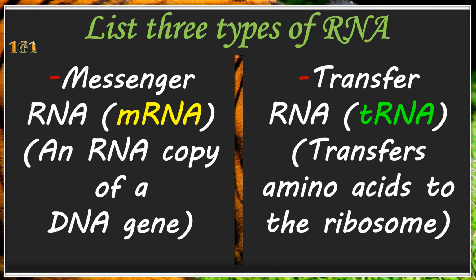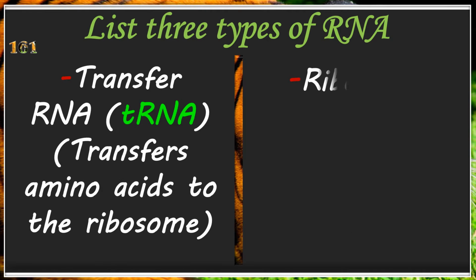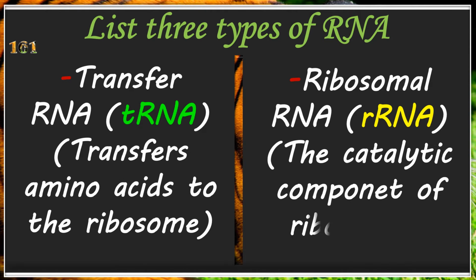This one transfers amino acids to the ribosome. And we have the ribosomal RNA or rRNA, the catalytic component of the ribosome.